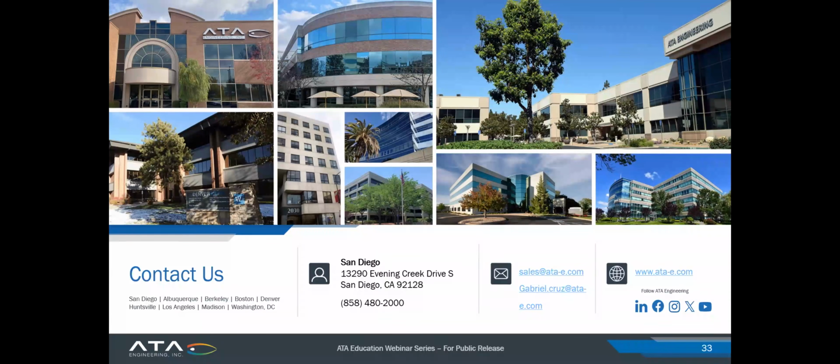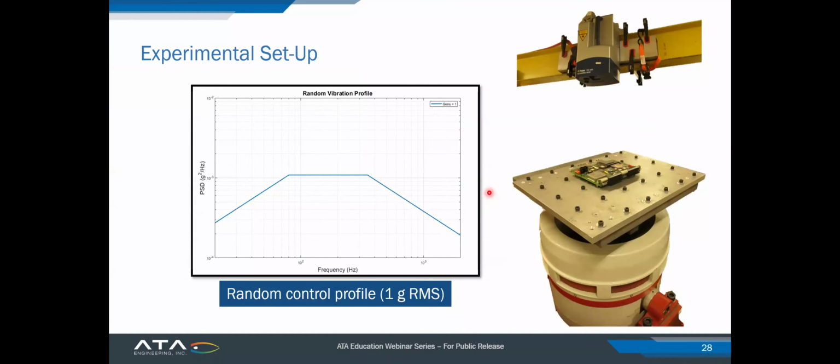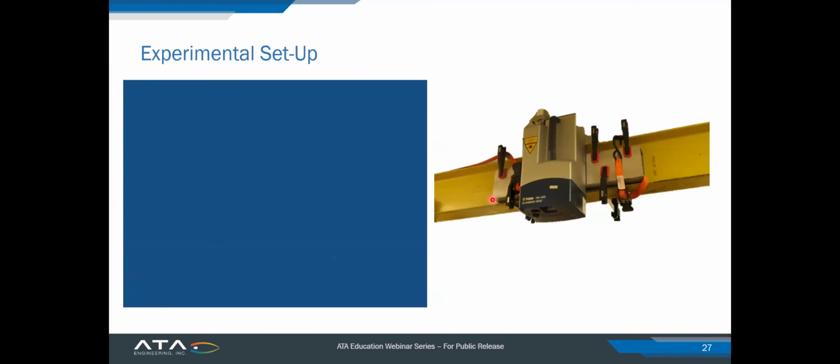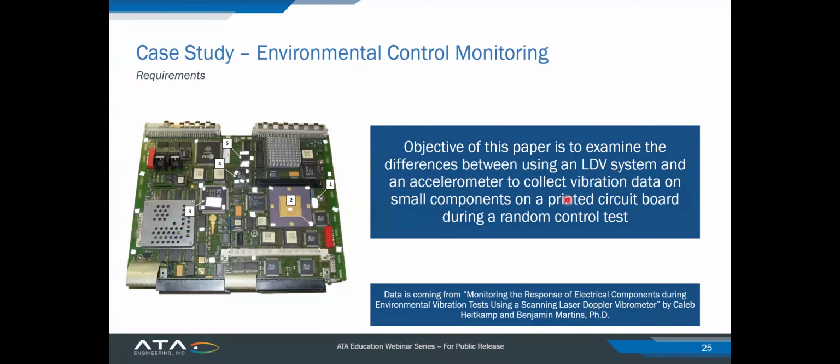All right, additional question from Colin. Did the one vibrometer system measure all the points on the PCB? So on this test, they measured only the points where you see in white, which is the ones that I was showing in Testlab. So all of the points that we were analyzing inside of Testlab all came from the laser vibrometer.